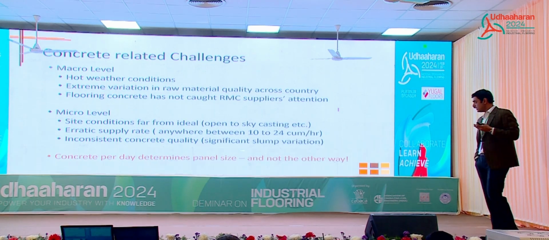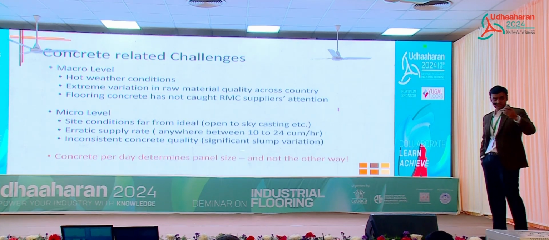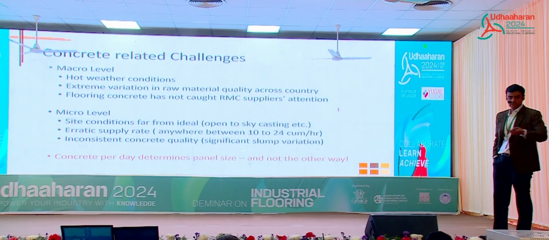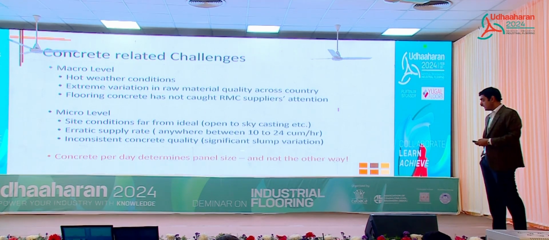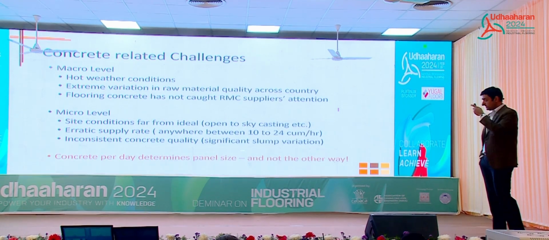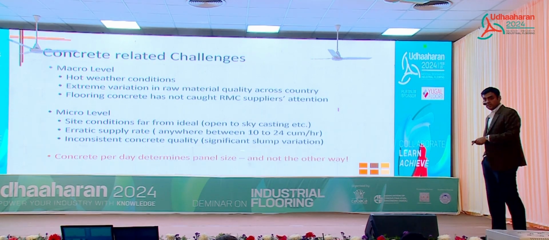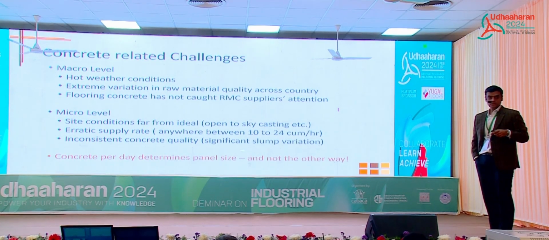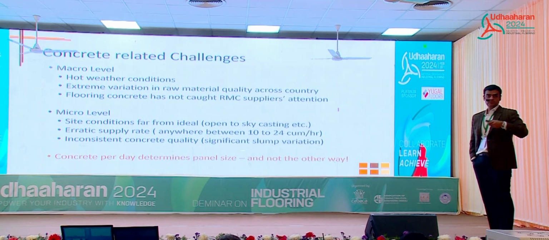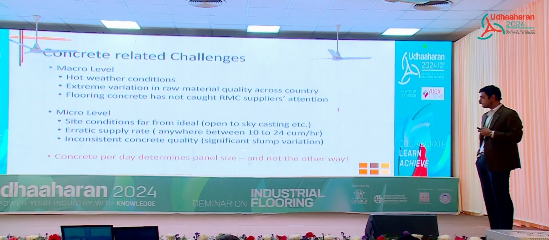Inconsistent concrete quality, significant slump variation. Within a day, you'll have like a 120 slump, a 180 slump, a 150 slump. Which I already mentioned, concrete per day determines the panel size, and it is not the other way. You cannot force concrete to fit your panel size. You have to fit your panel size to the concrete that is available.